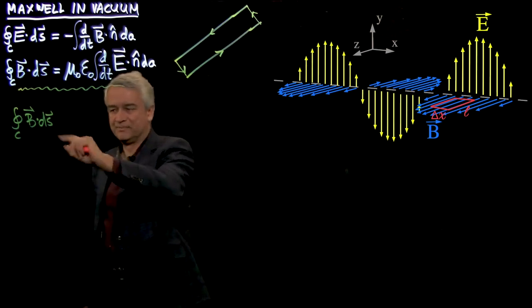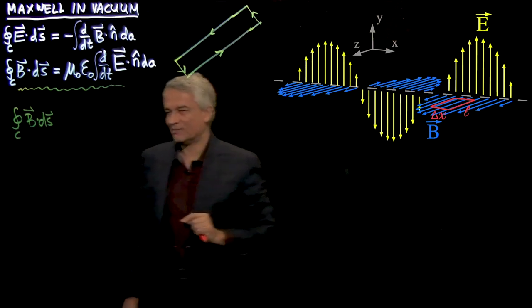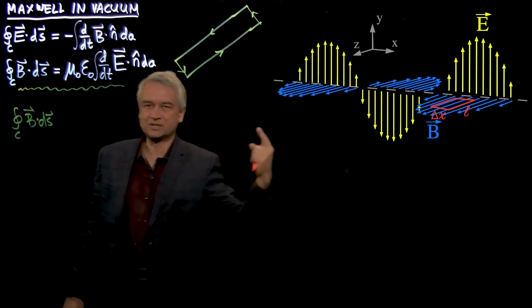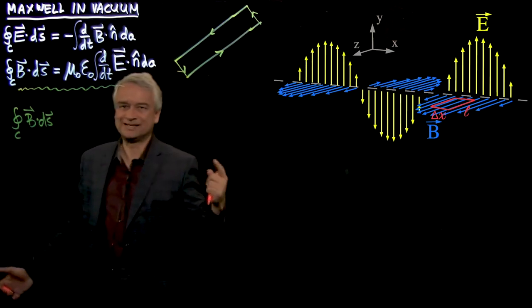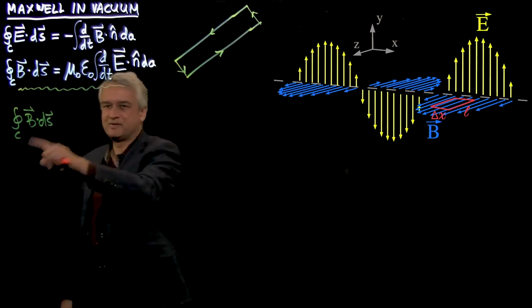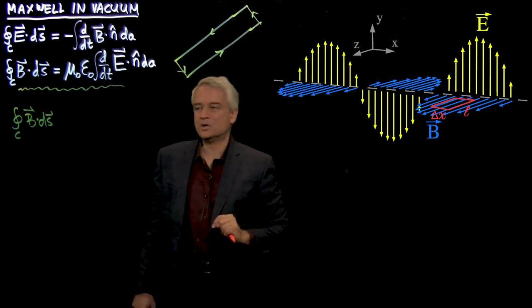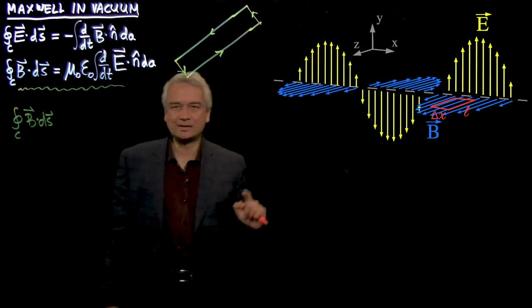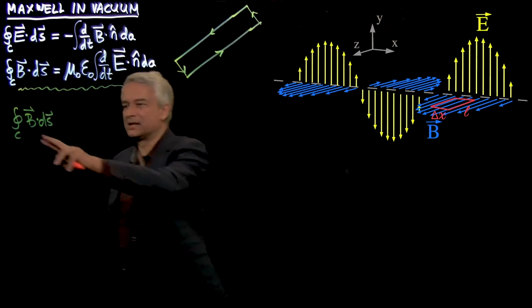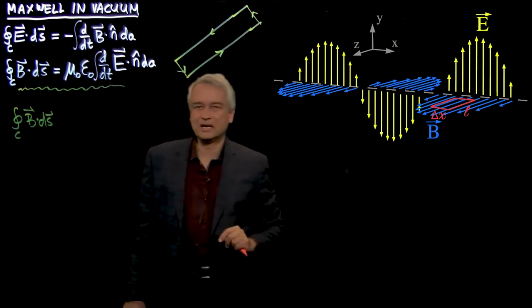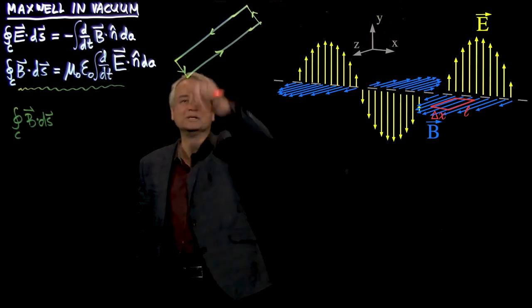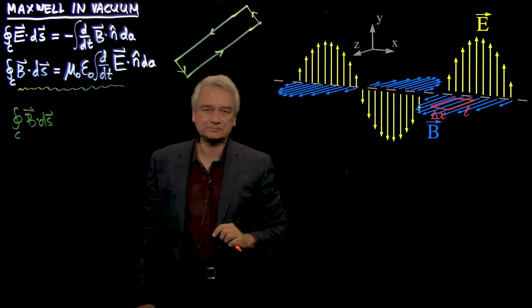If I had chosen the red rectangle to lie in the perpendicular direction, then the long sides of the red rectangle would have been perpendicular to the B's, and I wouldn't have gotten any significant contribution here. So the reason that I chose the red rectangle oriented in the way that I did was so that I could analyze a non-trivial contour integral of B dot ds. So let's start working this out.